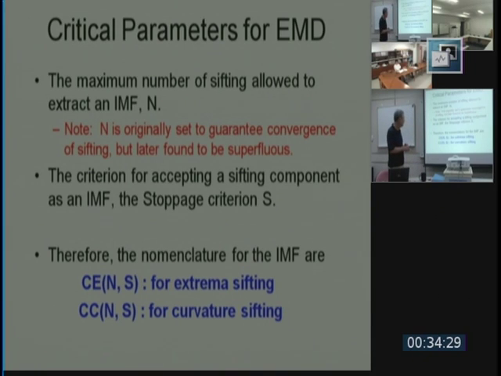So this maximum number of shifting is an upper limit. But you can see this upper limit really, when n is larger than a certain number, it doesn't mean anything to us anymore. So we will use different S numbers here to generate this ensemble.